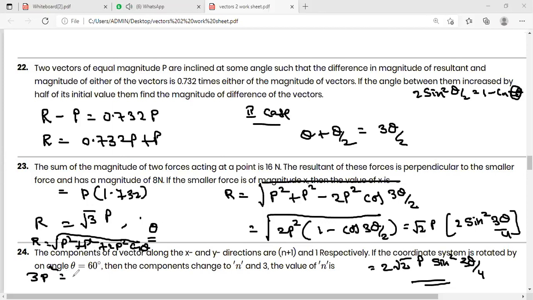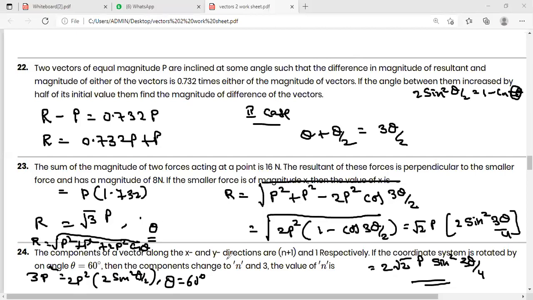If you just solve this, 2P square into 1 plus cos theta, that is 2 sin square theta by 2. Then if we solve this, 3 by 4 will be there. Sin square theta by 2 will be 3 by 4. Sin theta by 2 will be root 3 by 2. Then if you solve this, you will get the answer theta equal to 60 degrees. Okay, that 60 degrees value you can substitute here. The method I explained clearly here.